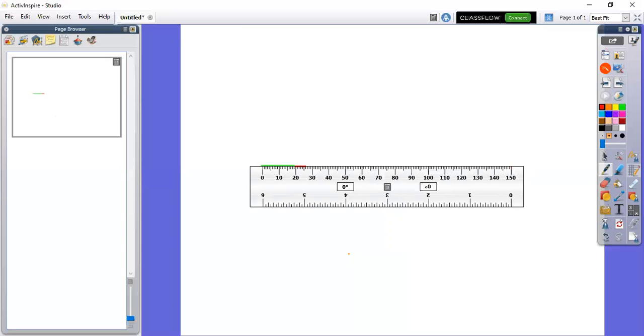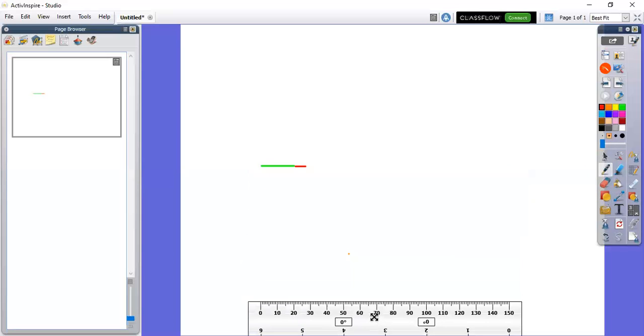I'm going to get rid of this ruler now. So now I have 2 centimeters and 6/10 centimeters.